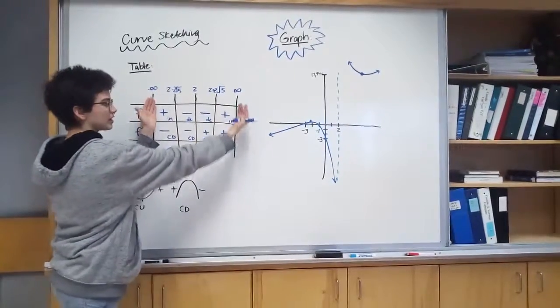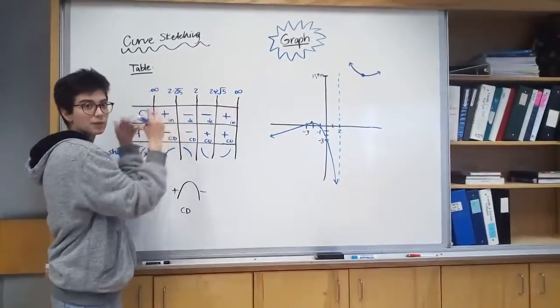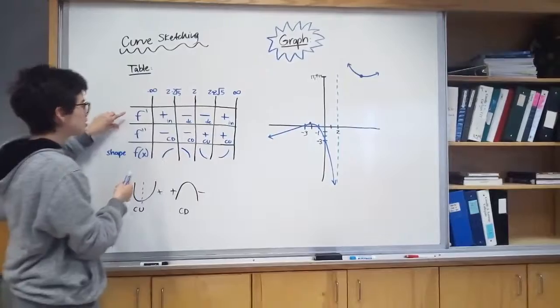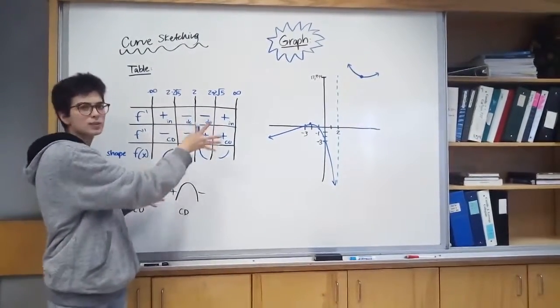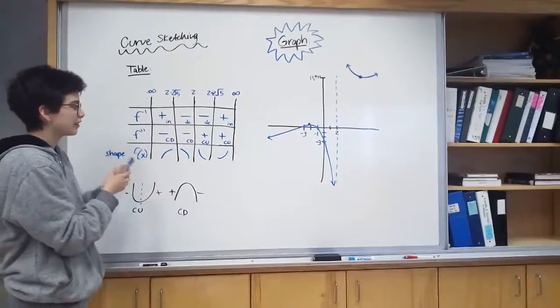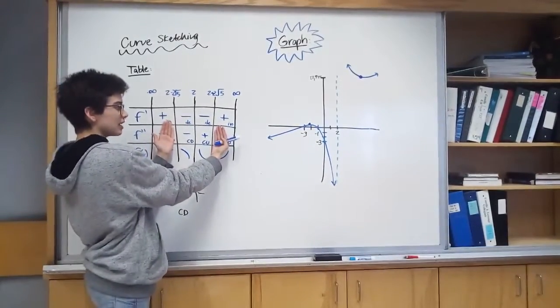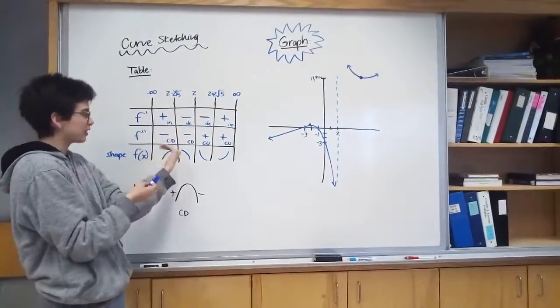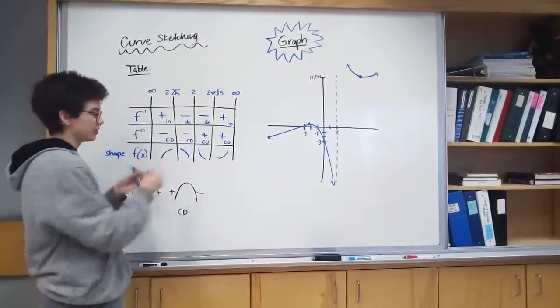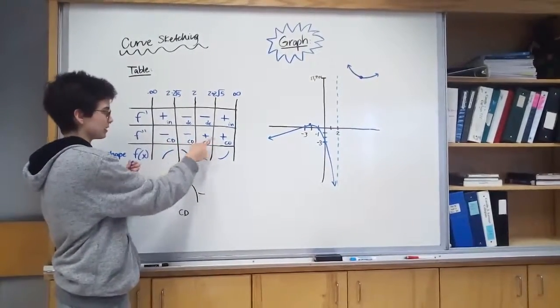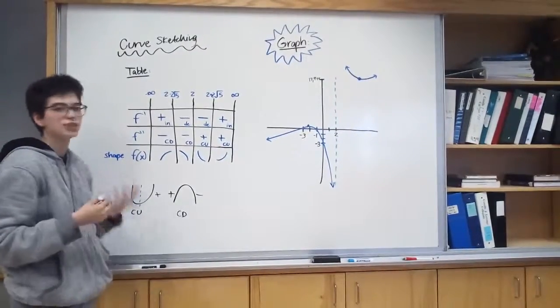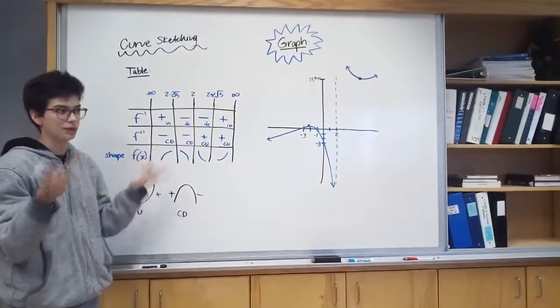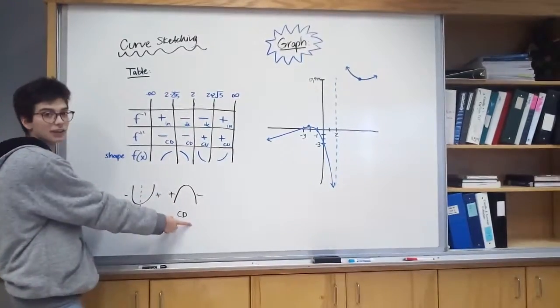So we put 4 boxes, and we put the symbols from our sign analysis into the boxes. For our first derivative, we had positive, negative, negative, positive, and I'll explain the small letters later. And for our second derivative, we only had minus and plus, but we knew that in both directions they were infinitely those signs. So we still have negative, negative, positive, positive. And we'll explain this part after too, but it just has to do with our point of inflection that we don't actually have, and our concave up and concave down.